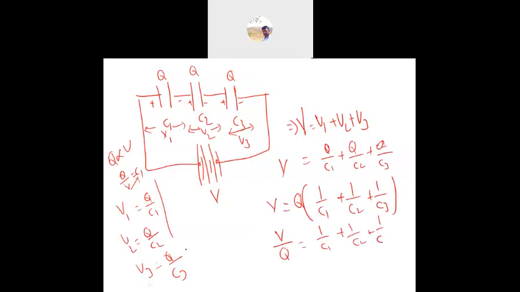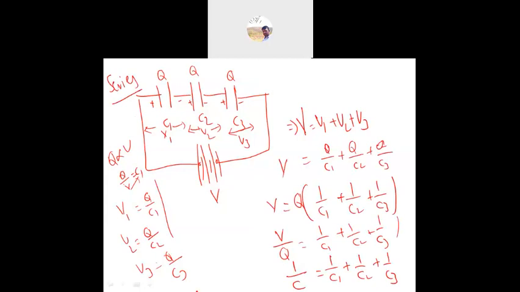Now Q by V is nothing but C, so V by Q is nothing but 1 by C. So if capacitors are connected in series, the total capacitance is 1/CT = 1/C1 + 1/C2 + 1/C3.